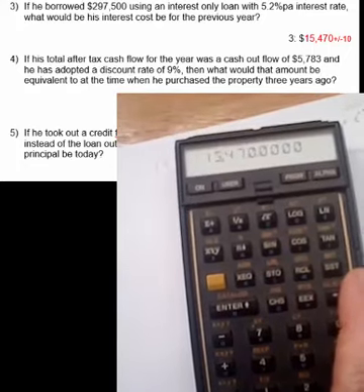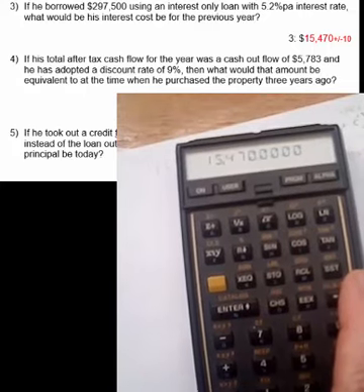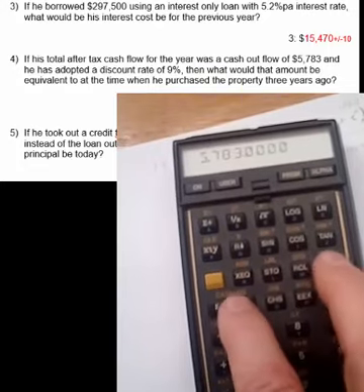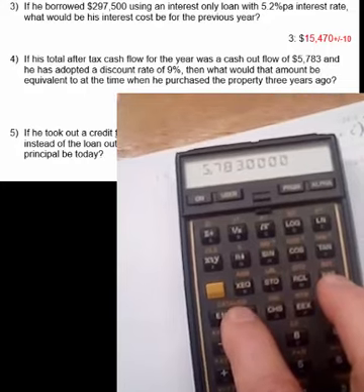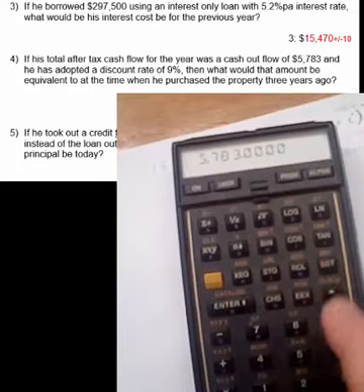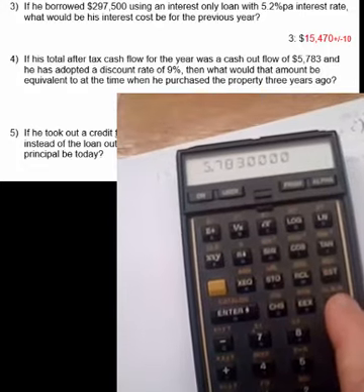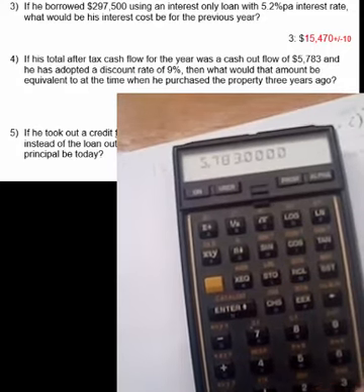Lastly, if his total after-tax cash flow for the year was 5,783, and he adopted a discount rate of 9%, then what would the amount be equivalent to at the time he purchased the property 3 years ago? Here we're going to be discounting this value back by 3 years at 9%. Again, we use the escalation factor. In this case, I'm going to divide it.